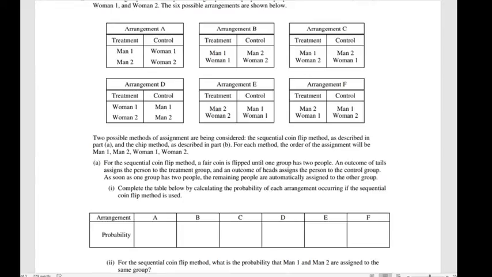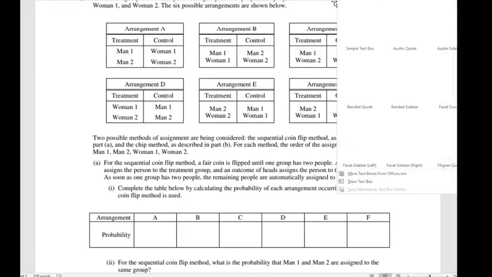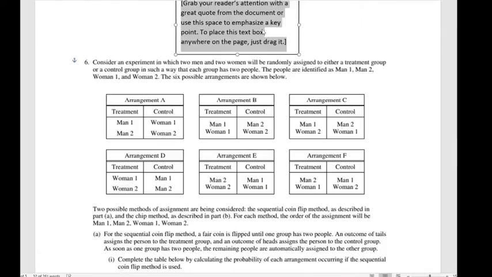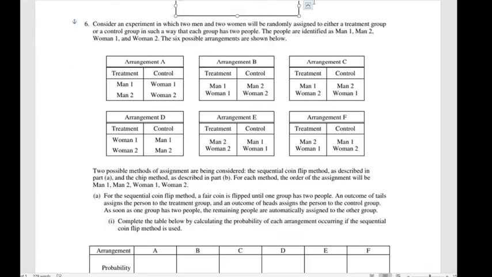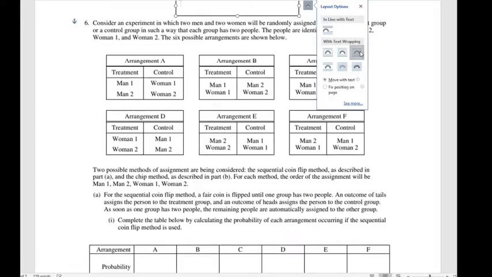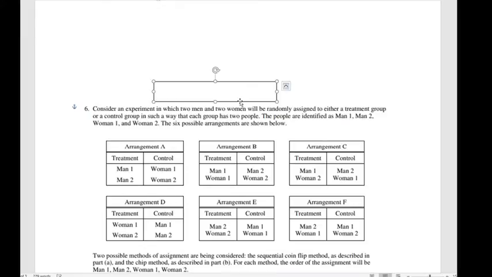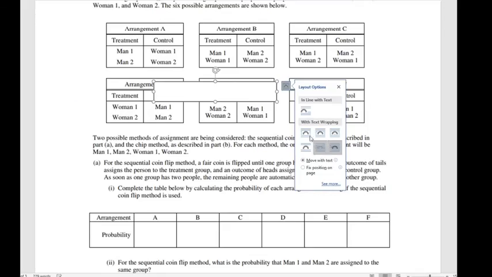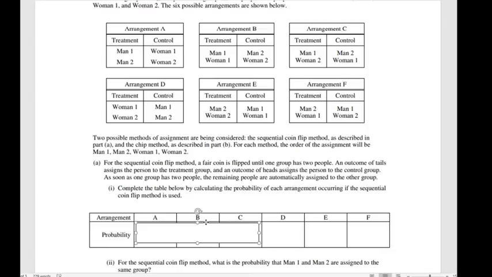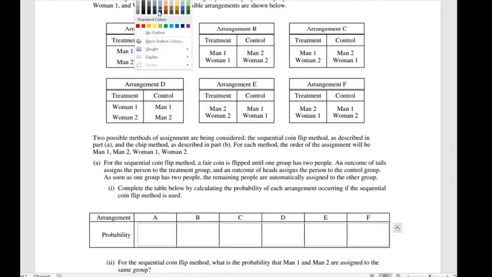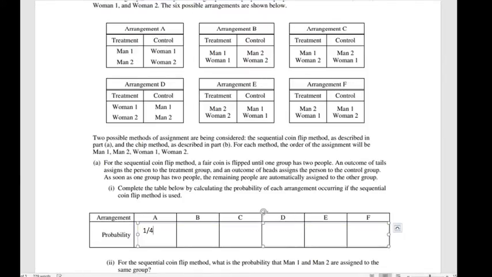So I'm going to go ahead and put in a text box that I can write in here, and fight with technology just a little bit. Okay, so for that first one, we have a probability of 1/4 because we need to have those 2 flips go in the exact right way.